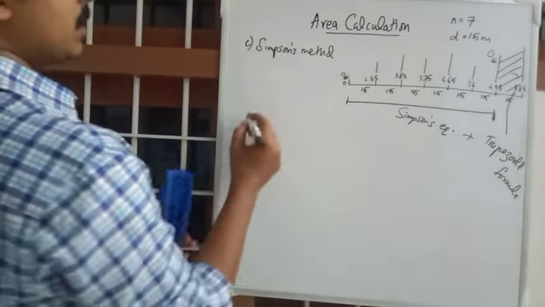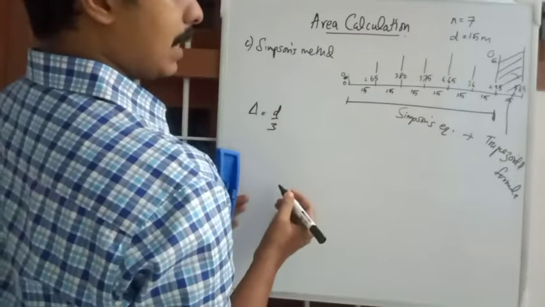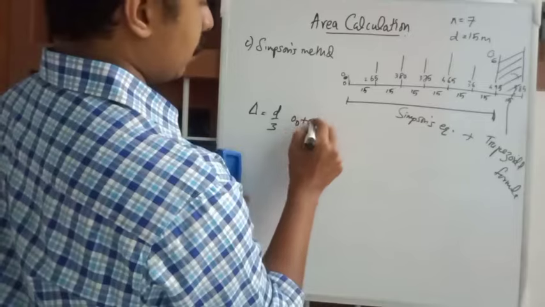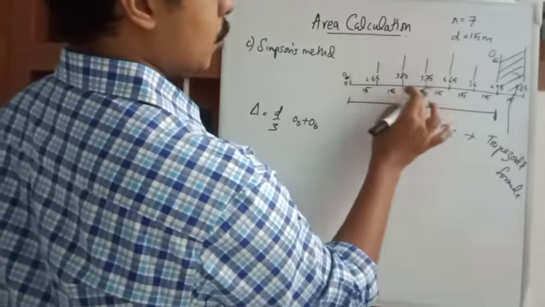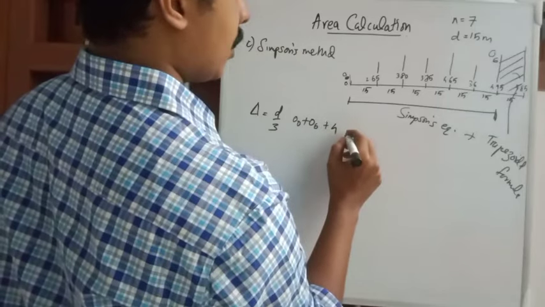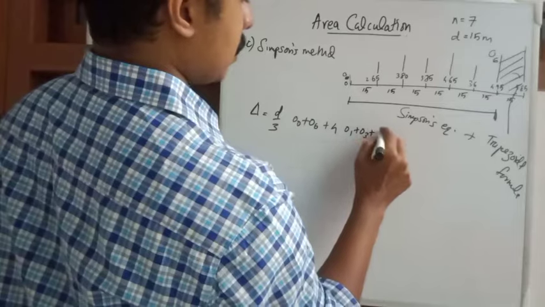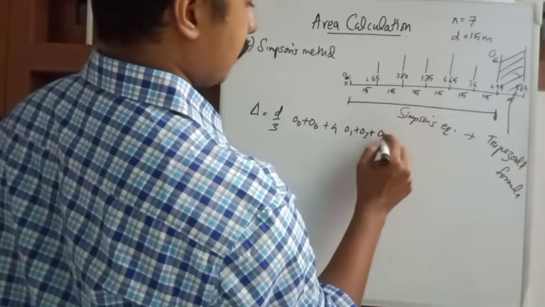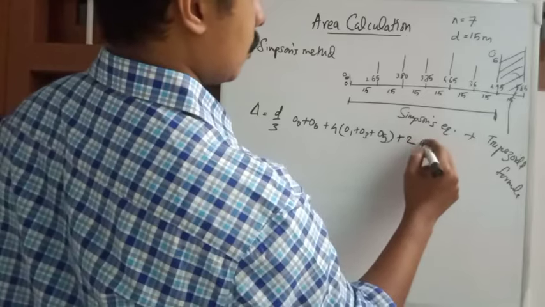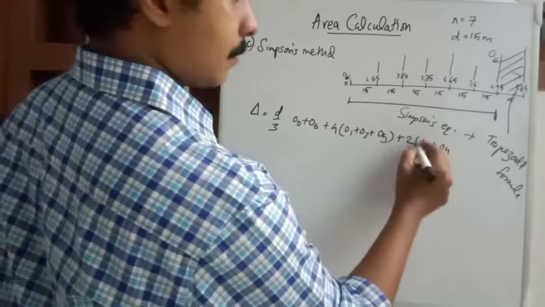So Simpson's equation: delta is equal to d by 3 into O0 plus O6 plus 4 into O1 plus O3 plus O5 plus 2 into O2 plus O4. That's it.